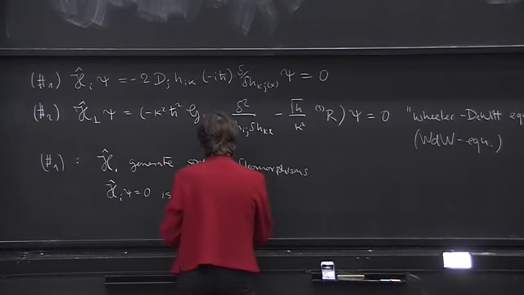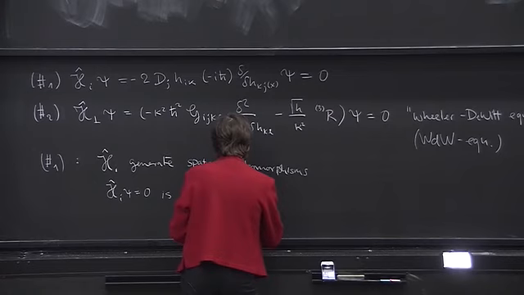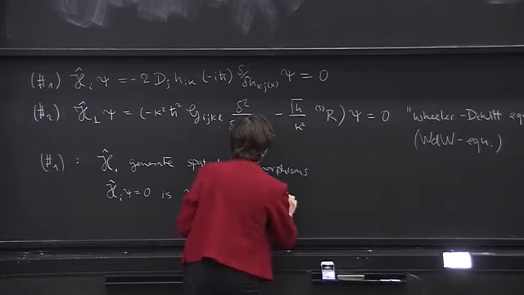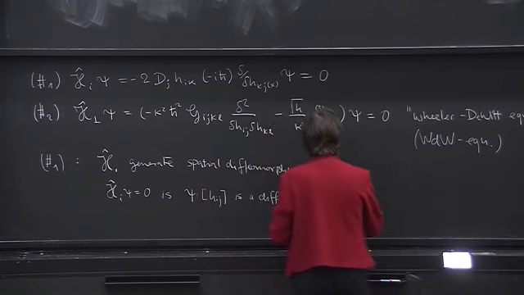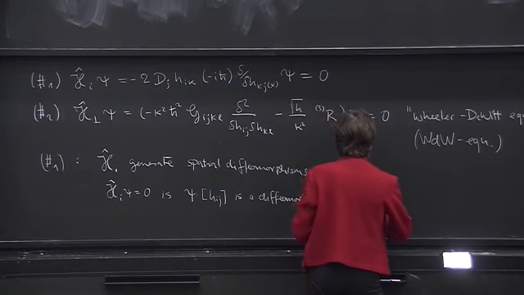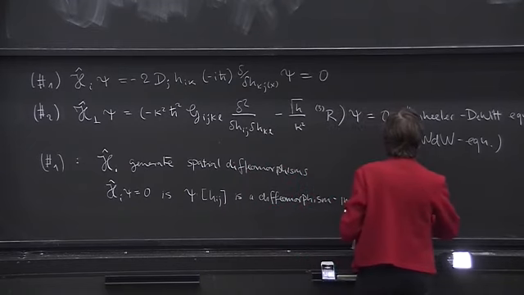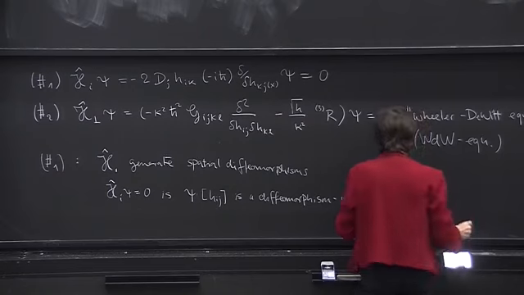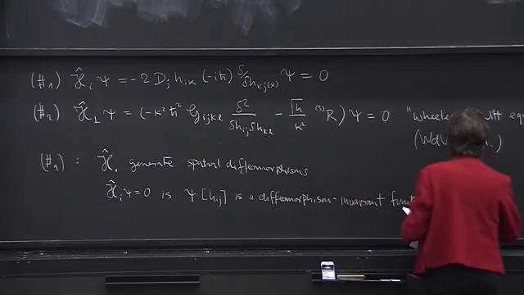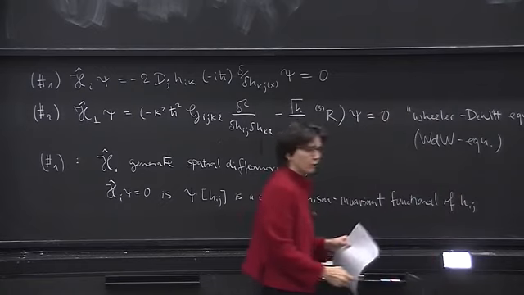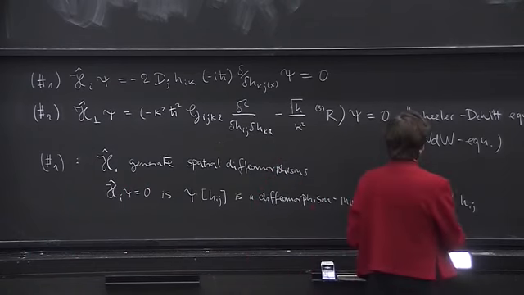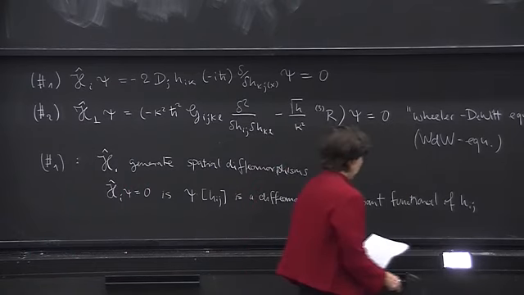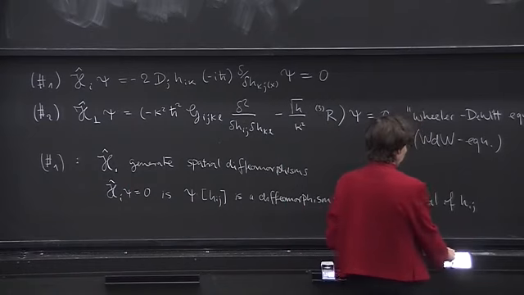So if this is a diffeomorphism invariant functional of hij, it doesn't depend on hij itself, but only on the equivalence class with respect to this group action. So it's a functional on superspace, if by superspace I now understand the space of geometries where I have factored out this gauge freedom.